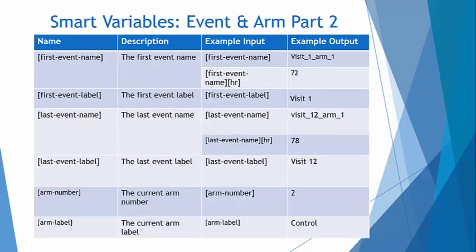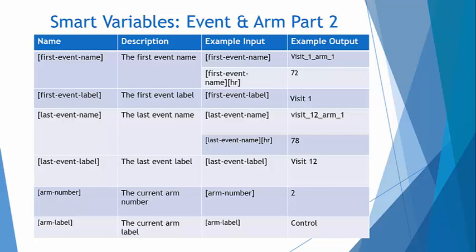First event name pulls the name for the first event. Like with the previous and next, this can be prepended to another variable to pull information just from that very first event for that variable. When using it as a standalone, it always returns from the first event in the current arm, whereas if it's prepended, it will return from the first event for which that field's instrument has been designated.